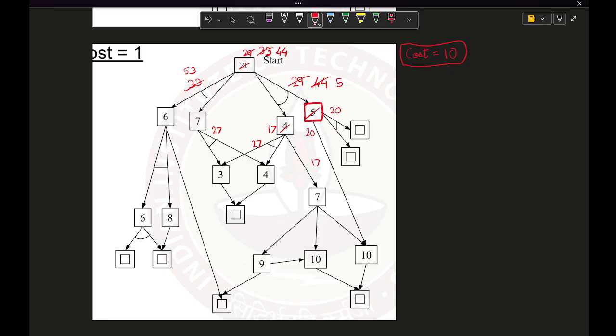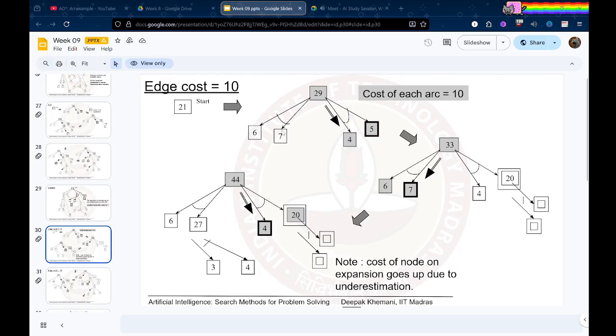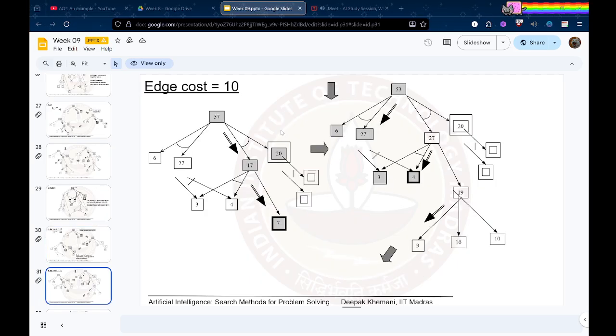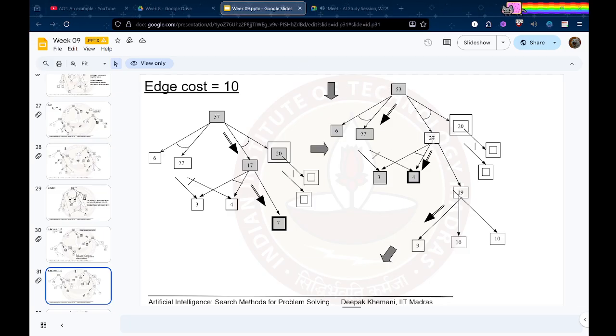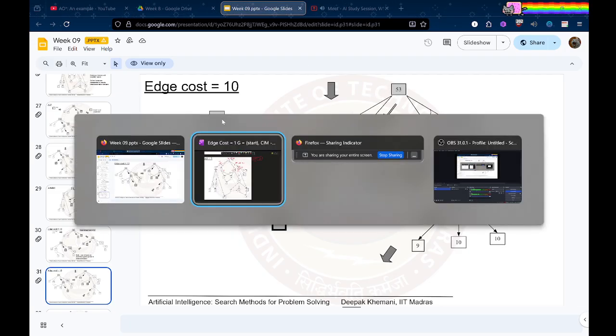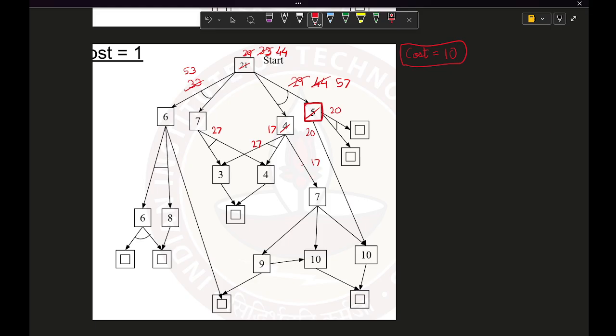So this becomes 57, and we switch back to this. Okay, so 53, and we again get 27 here. So we switch back to that.